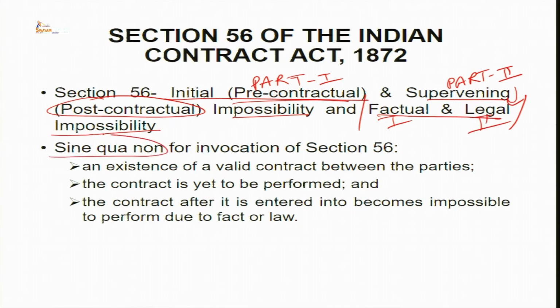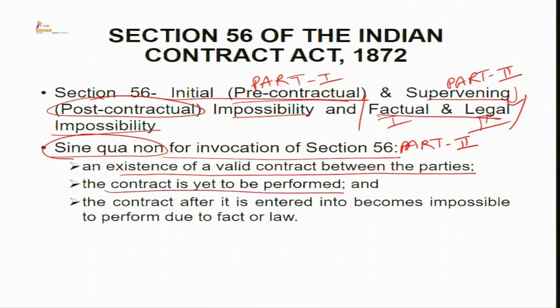Sine qua non, that is the important requirement for invoking section 56. More specifically, I am mentioning here 56 part 2. An existence of a valid contract between the parties. The contract is yet to be performed.